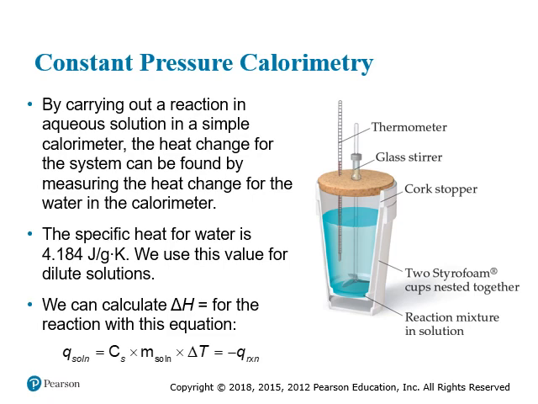Now, the specific heat for water, as we saw in the previous slide, was 4.18 joules per gram times Kelvin. For dilute solutions that are not very concentrated, we can treat the specific heat of such a solution as that of water.